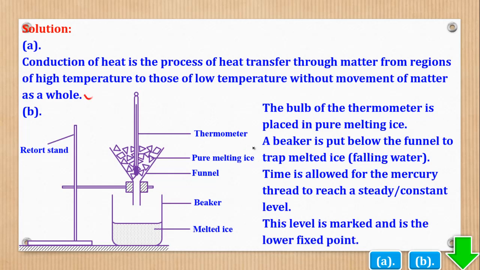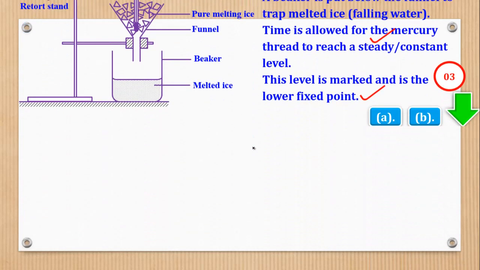Now before we go there, let's first see the marker location for this slide. Okay, now let's go and get also the upper fixed point. For the upper fixed point, you shall need also another diagram.